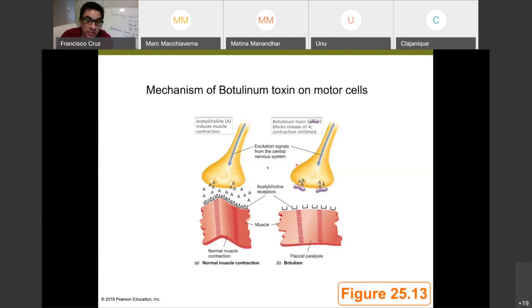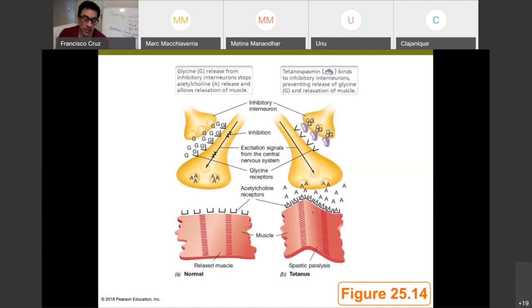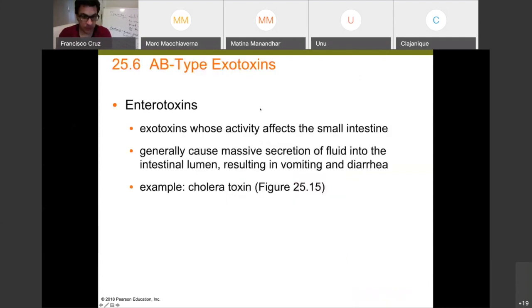So this is the mechanism of botulism. This is a toxin that blocks acetylcholine release from motor cells, and the receptors on the muscle cells don't receive acetylcholine, and there's no contraction.